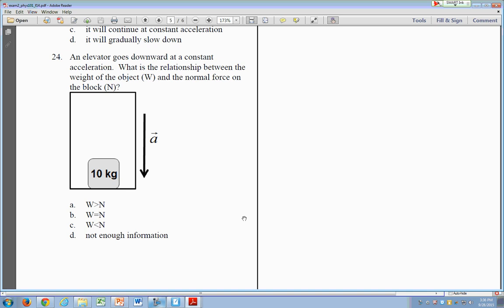I need to visualize. I have an object, I have a force in this direction, and I have a force in this direction. What is the acceleration? For example, if this was 2 newtons and this was 4 newtons, the acceleration would be in this direction.